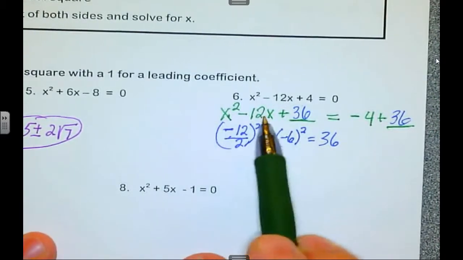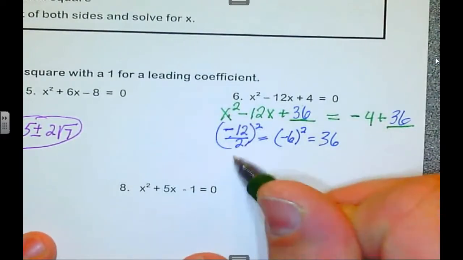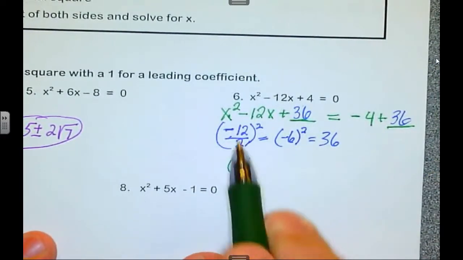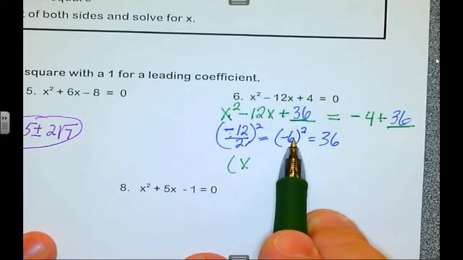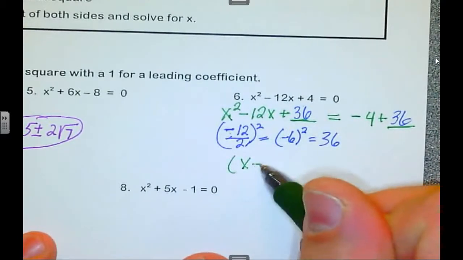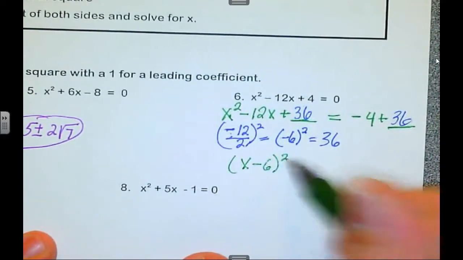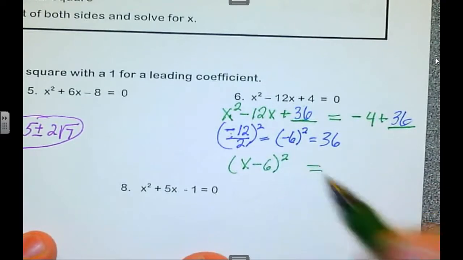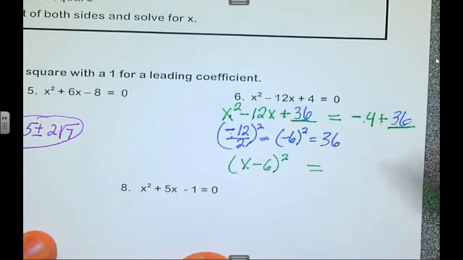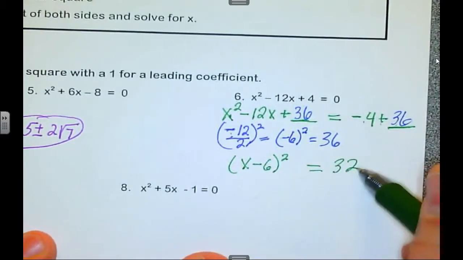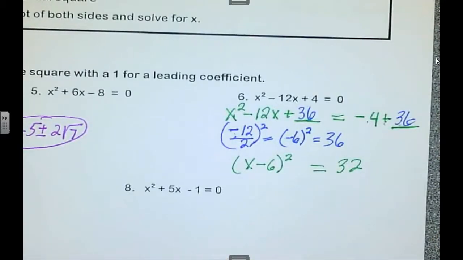This is my perfect square trinomial, so I have x minus 6 as my base. Negative 4 plus 36, 32. Now it becomes just like your homework problem from last night.